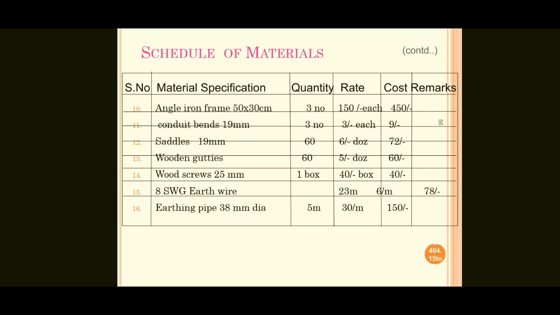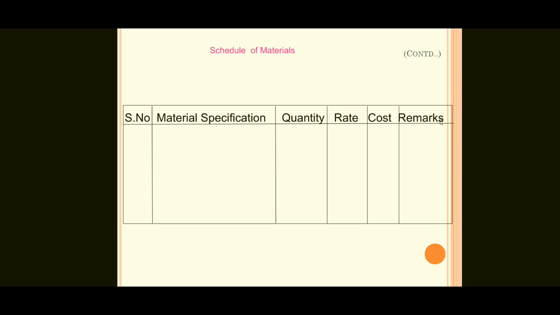Earthing pipe, 38 diameter, 5 meters, 30 rupees per meter. The total cost becomes 150 rupees. Coal, 50 kg, 10 rupees per kg, so the total cost becomes 500 rupees. The coal is used for earthing.